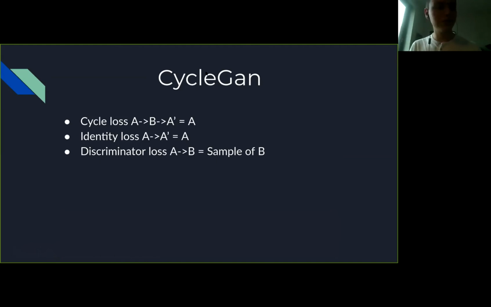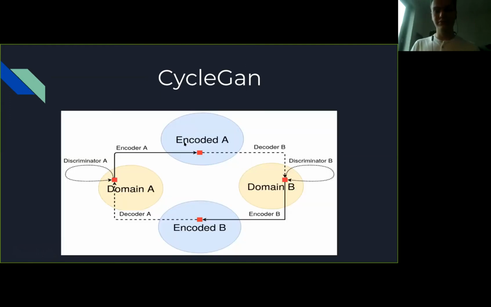There's an additional loss in CycleGAN, which is the identity loss: from domain A, you encode it, and then you immediately decode it again with this decoder. So you pretend as if these two spaces are the same, and that helps the grounding process and also helps with color retention, so that the color stays the same.